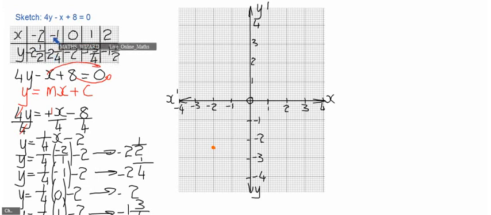Right, let's move on to the second coordinate, which is x is -1 and y is -2 and 1/4. Approximately there. Next coordinate, when x is 0, y is -2.